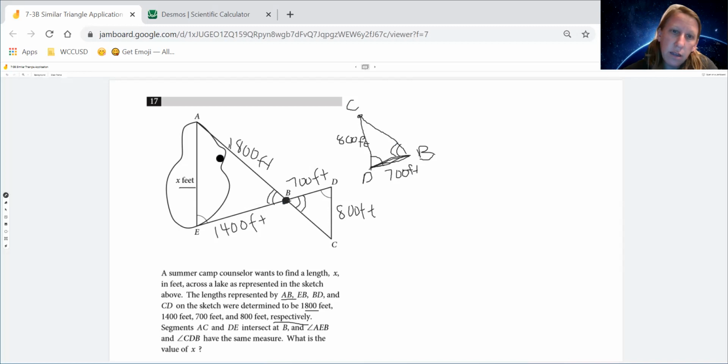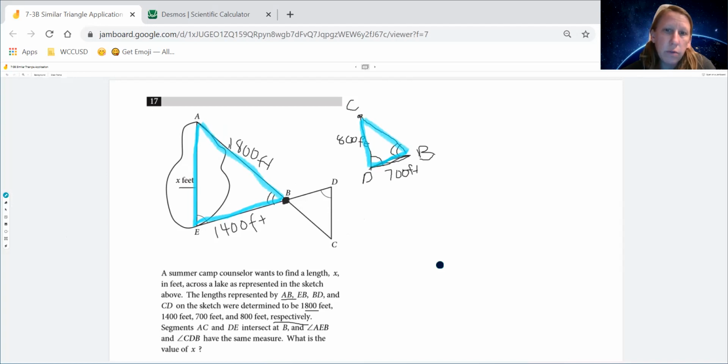And I'm gonna be weird and erase this for now. I'm looking at this triangle, maybe I'll highlight it. I'm looking at this triangle and this triangle. And how do they line up?